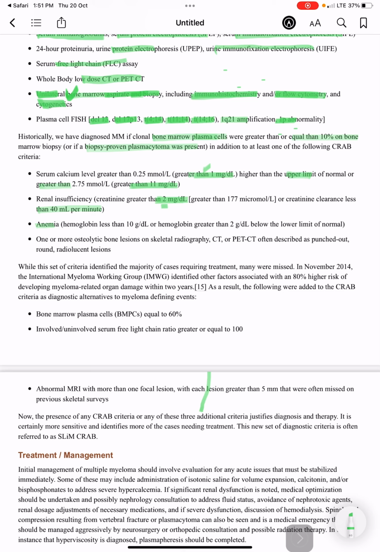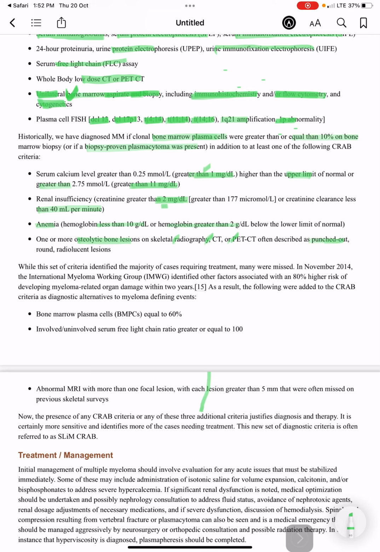Anemia: hemoglobin less than 10 grams per deciliter, or hemoglobin greater than 2 grams per deciliter below the lower limit of normal, lower limit, not upper limit. And bone: one or more osteolytic bone lesions on skeletal radiography, CT or PET CT.